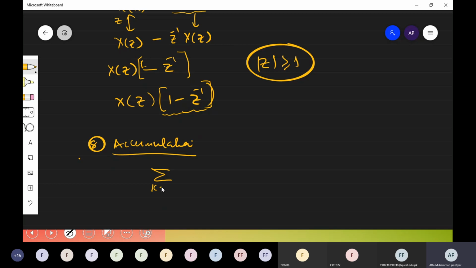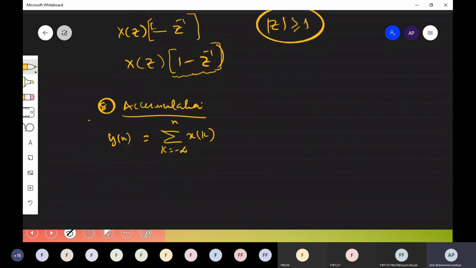For example, y of n is the sum of k from minus infinity to n of x of k, right? So what must be the z transform of this signal?